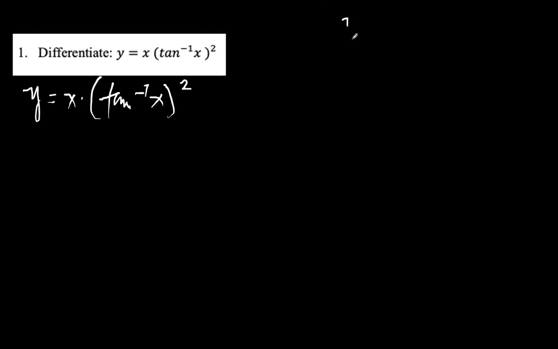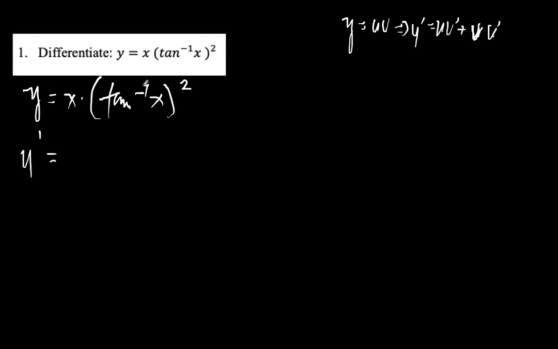So let's review. y is equal to uv, both are functions in terms of x. So y prime is equal to u v prime plus v u prime. That's how we do the product rule. So let's do that here.